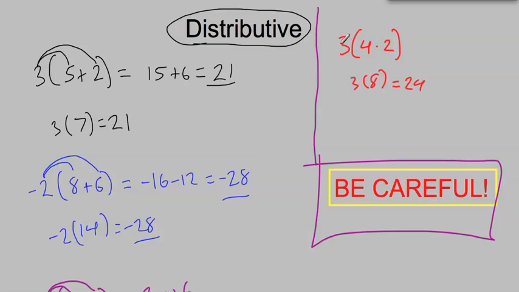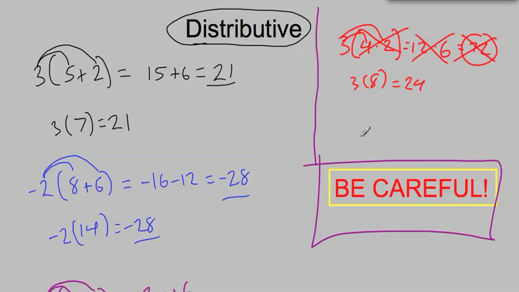I can't distribute it because to distribute it has to be over an addition problem. This is a multiplication problem. If I do this, I get 12 times 6, which is 72. I've done something wrong because 72 does not equal 24. I cannot distribute onto multiplication. I can only distribute over addition.